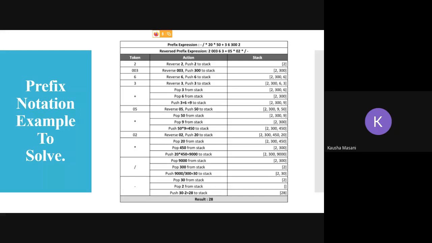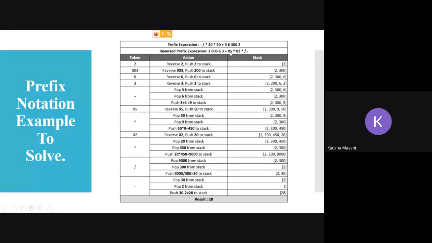First of all, they have reversed the whole prefix expression that they have received. Starting from your right hand side, from 2, so 2 is placed, then they come across 0, so 0 is placed, again a 0 is placed. Then there is 3, so 3 is placed, then there is 6, so 6 is placed, then 3 is placed, plus, then 0 is placed, then 5.